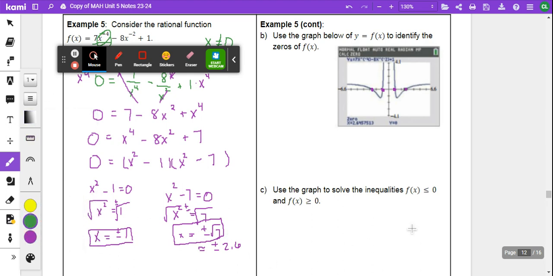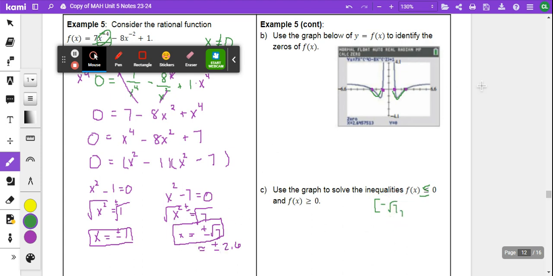So let's look at it below or touching the x-axis. Okay, that would be these pieces here and these pieces here. So for me, they're both touching and they're both brackets because they do touch. So I'm going to use the radical 7.